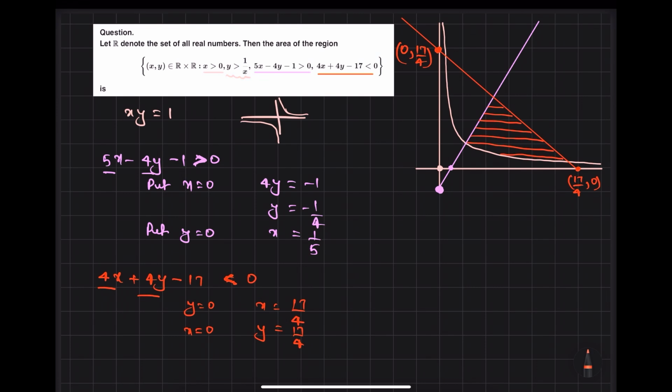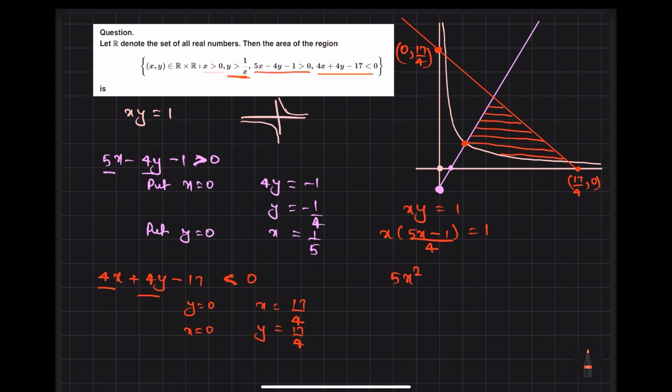So first let's find this point of intersection, and we are interested in finding only x. This is the purple line with this curve. So we have xy equals 1, the first curve. Now we will substitute the value of y over here. Y is (5x minus 1) by 4, so x times (5x minus 1) by 4 equals 1.